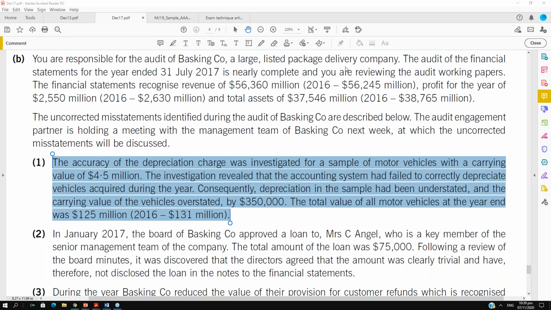total assets. Please remember one rule: when you are attempting a reporting question, you need to find the materiality on all the classes: revenue, profit, and total assets.